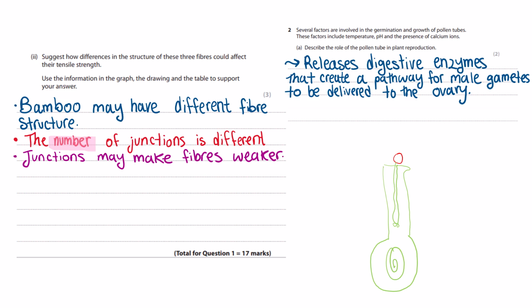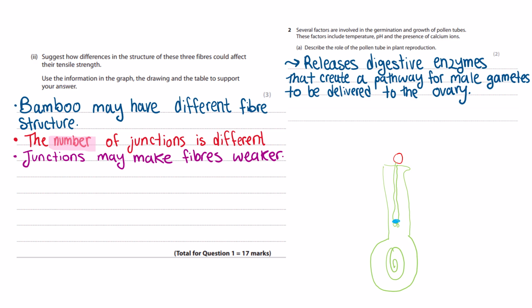Okay, so they're going to release digestive enzymes. Usually at the tip over here are digestive enzymes that are going to break down the style and create a pathway using a process called hydrolysis. These enzymes are hydrolytic enzymes, meaning they use water.